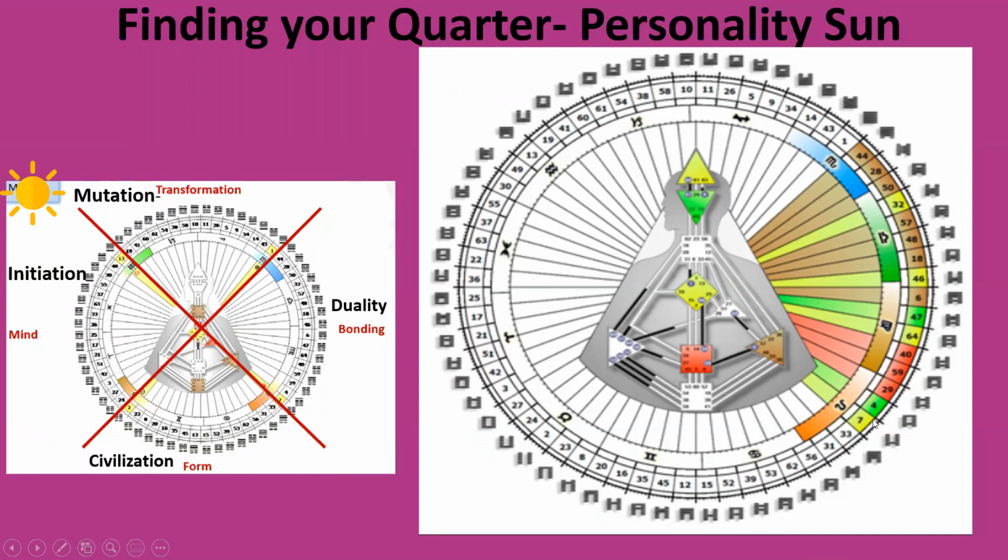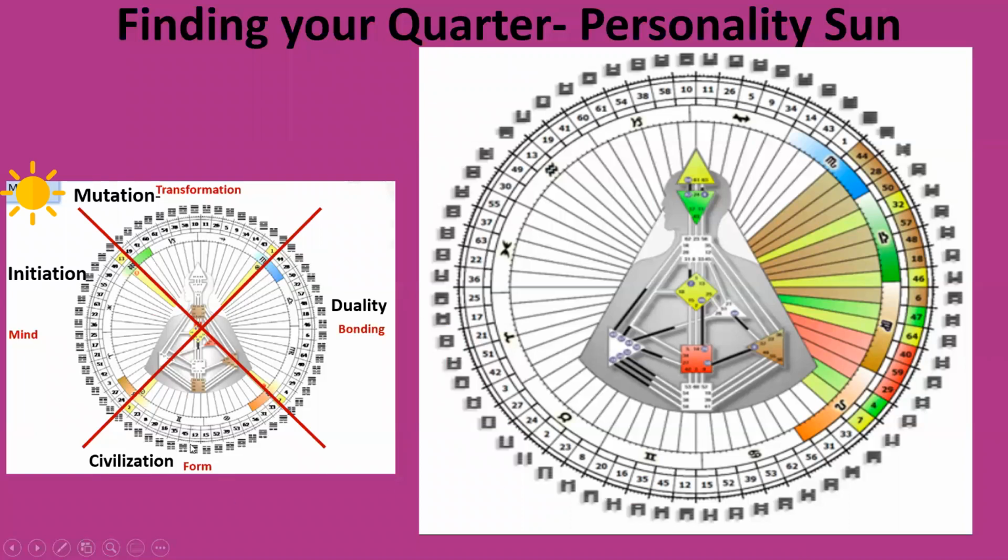These are the numbers that you're going to find in duality and bonding. So they start in the wheel from the gate 44, the 28, the 50, the 32. And so all of these gates share in the theme of duality and bonding.